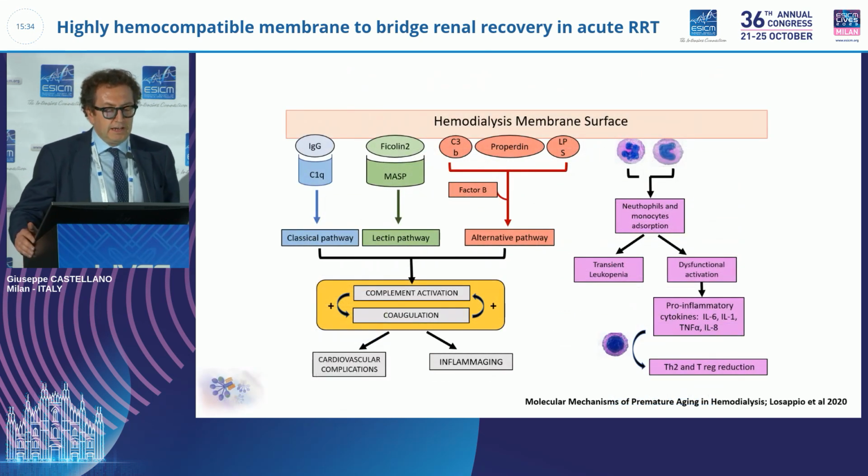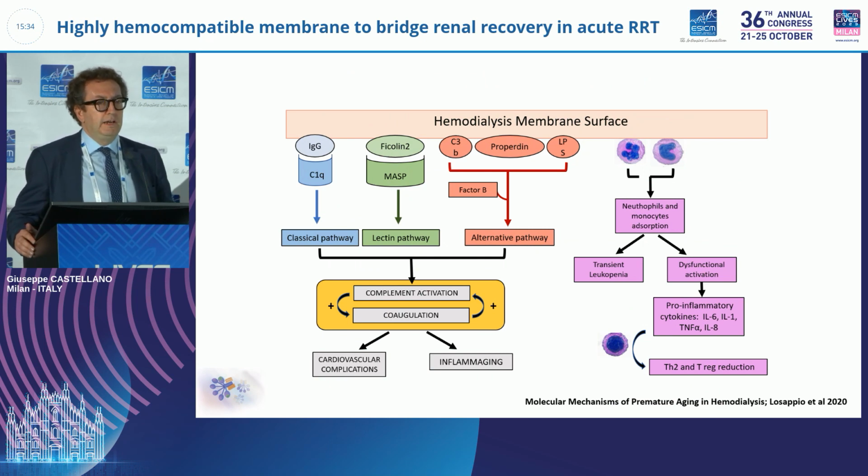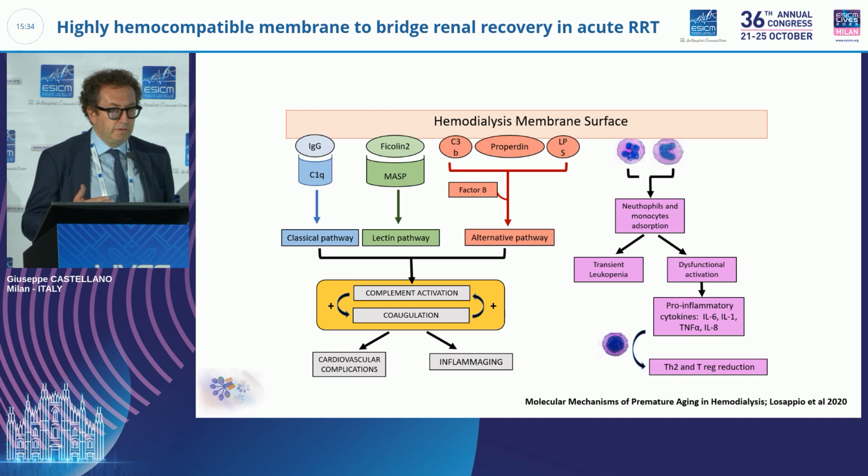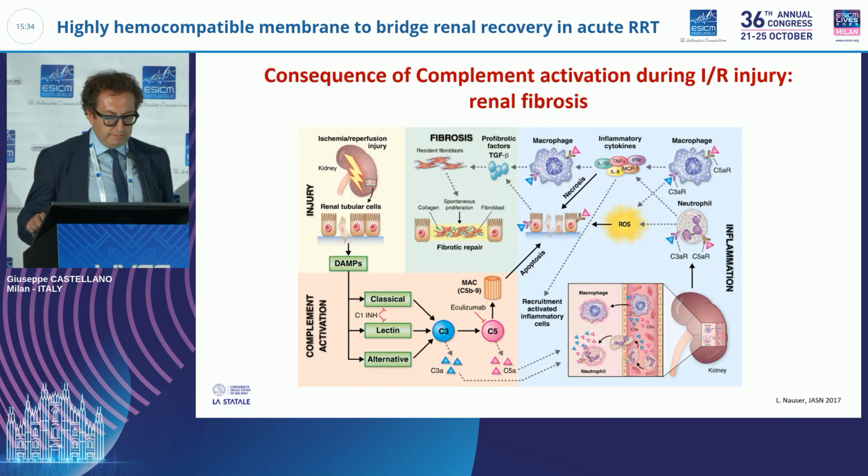We know that normal hemodialysis membrane surfaces are powerful activators of complement like C1q, MASP, so the classical and the lectin pathways of complement are activated. So during dialysis, we have an overactivation of the complement system.